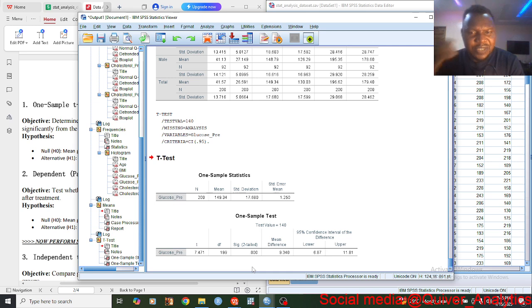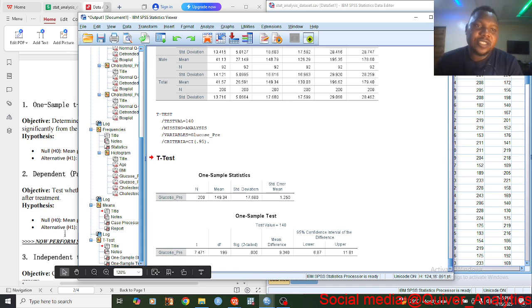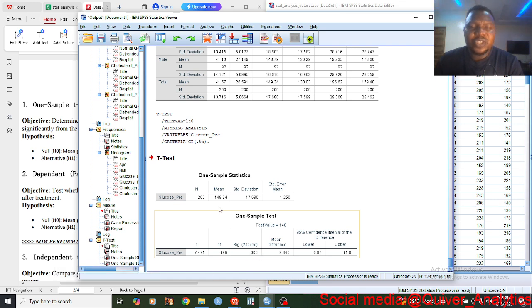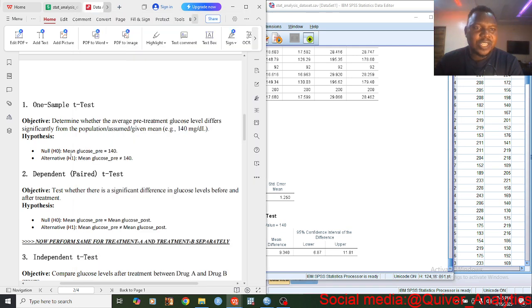Now here we have the significance, two-tailed, is 0.00, which is less than 0.05. So we say this test is significant, it can be trusted. Then we reject the null hypothesis. The null hypothesis is rejected once the p-value is less than 0.05.